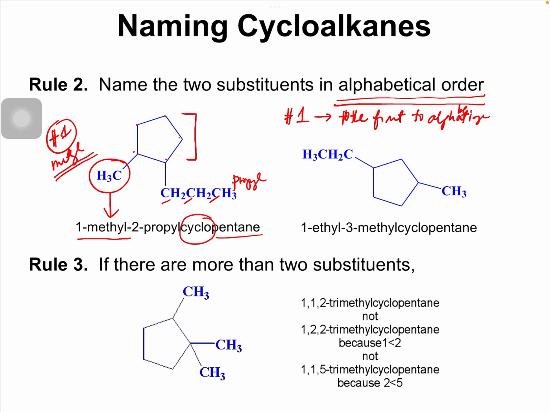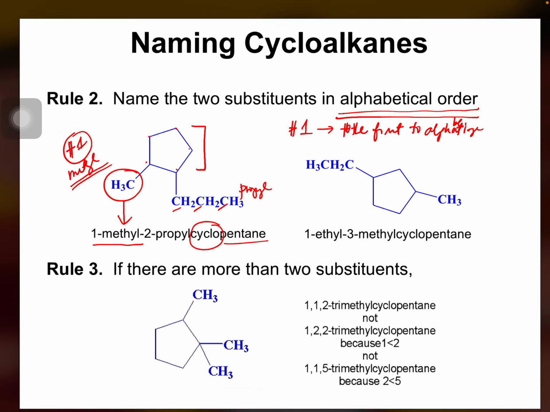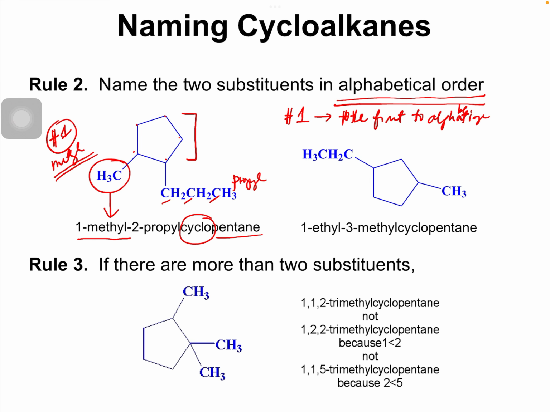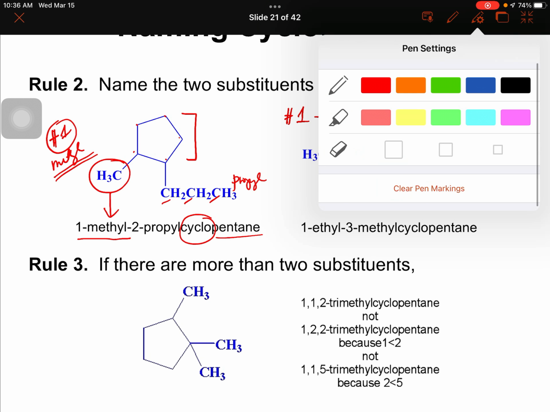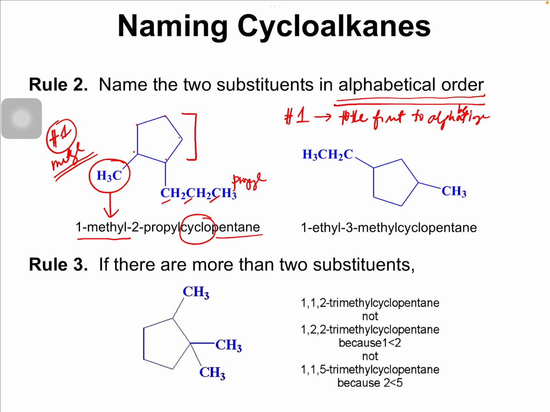Okay, now, which one will come first? Your methyl or your propyl? So, based on alphabetization, M comes first, methyl. That's why here, it is written 1-methyl. Then, paano natin i-assign pala si propyl? So, yung kay propyl medyo challenging siya kasi kailangan natin ng tamang direction para ma-assign natin ng number si propyl.